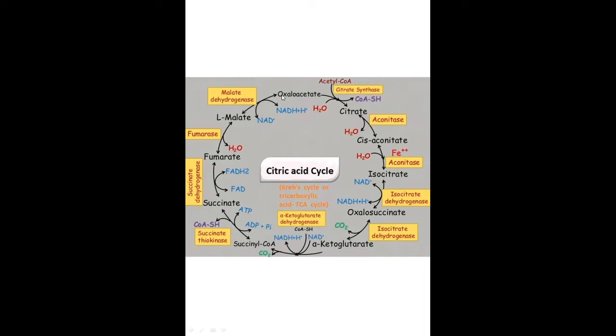Why? Because the product of this reaction, oxaloacetate, is continuously condensed with acetyl-CoA and removed as citrate. So since the product becomes less in concentration, the equilibrium of this reaction always goes in this way.